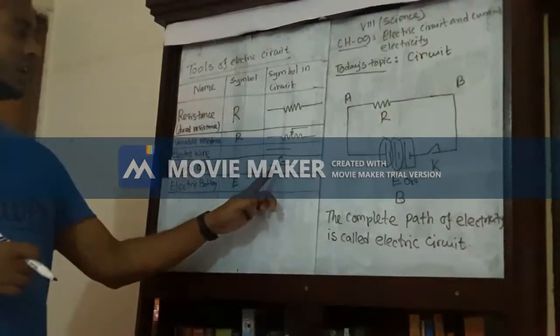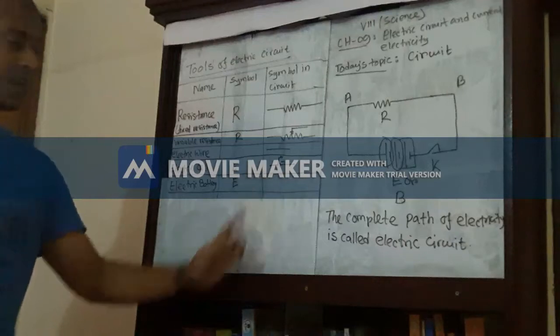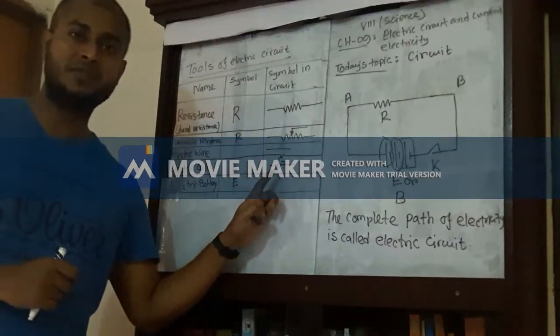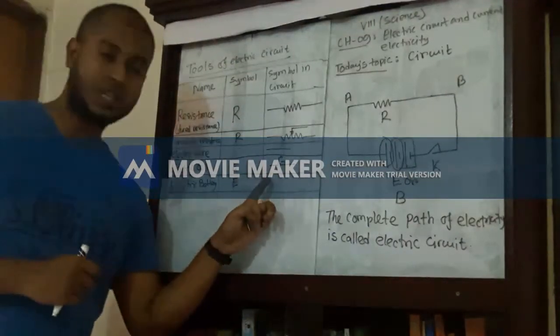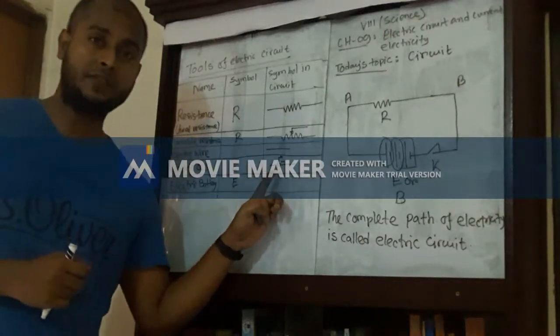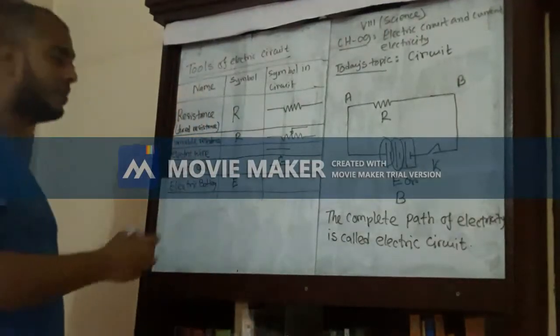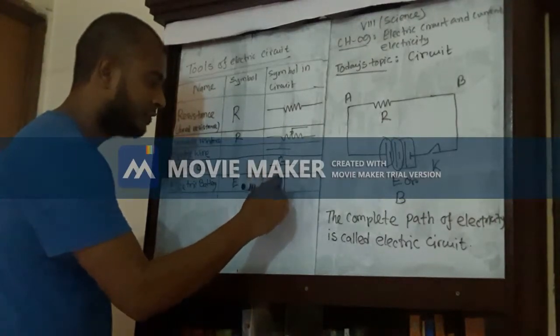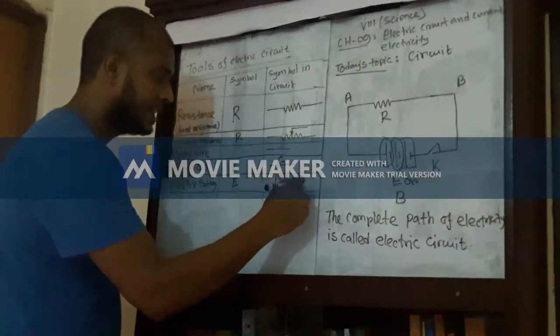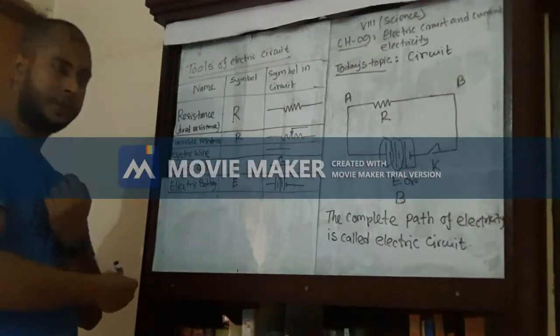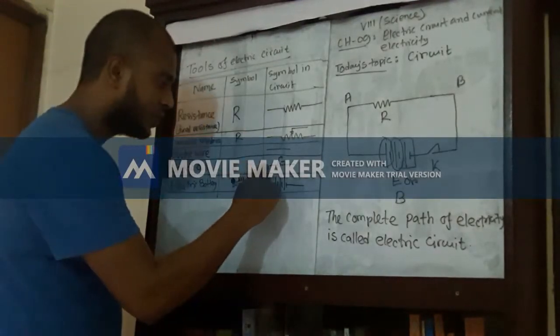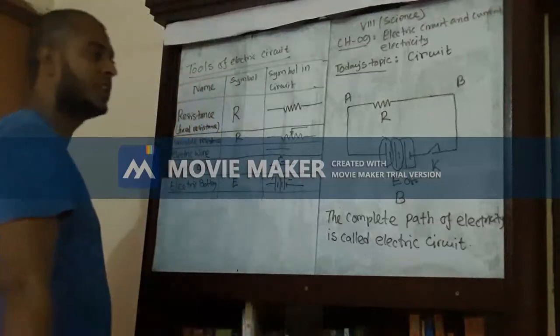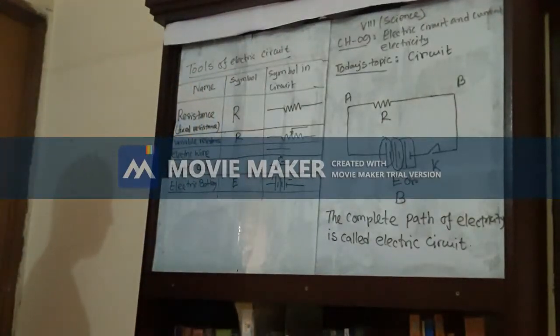The larger arm is called the positive terminal, and the smaller arm is called the negative terminal. The battery is a combination of some cells. So this is the positive terminal and this is the negative terminal.